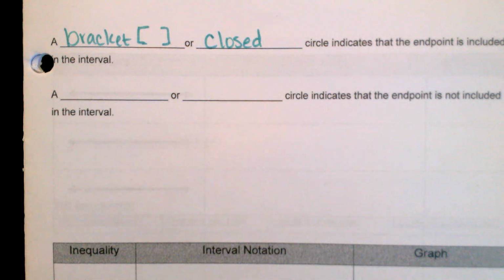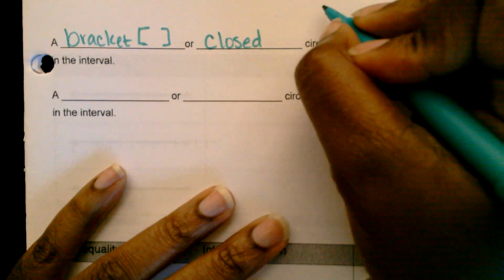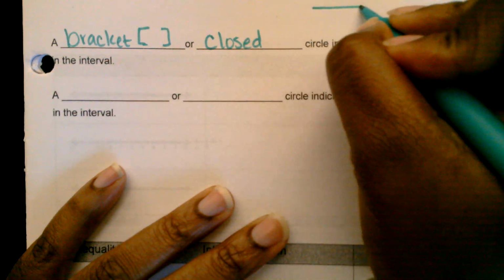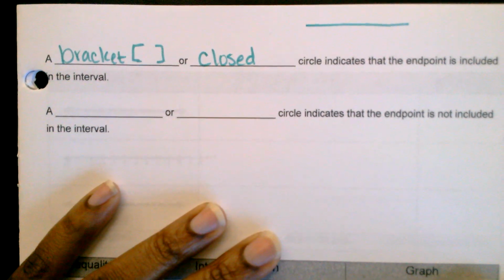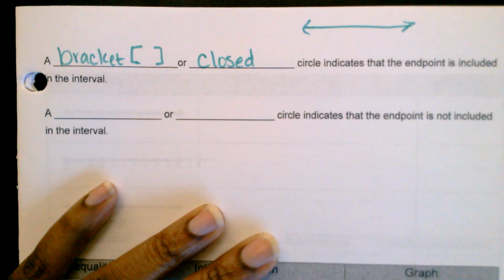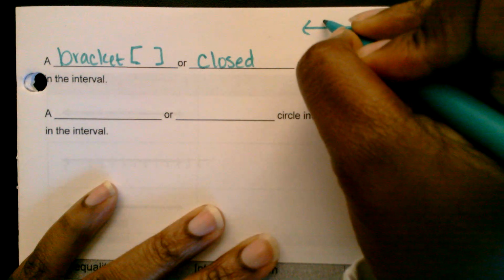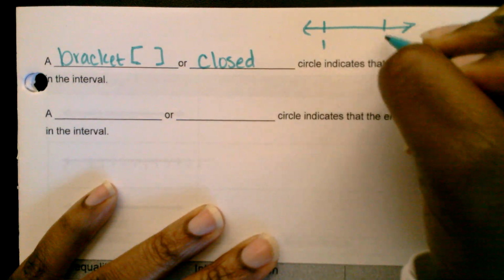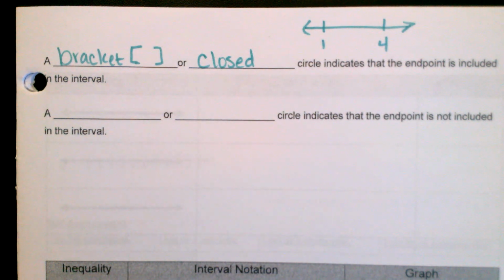If I was to place that on a number line, this is just an example. This is my number line. I'm going to place 1 there and 4 there. I want all the numbers between 1 and 4, and I want 1 and 4 included in that interval.